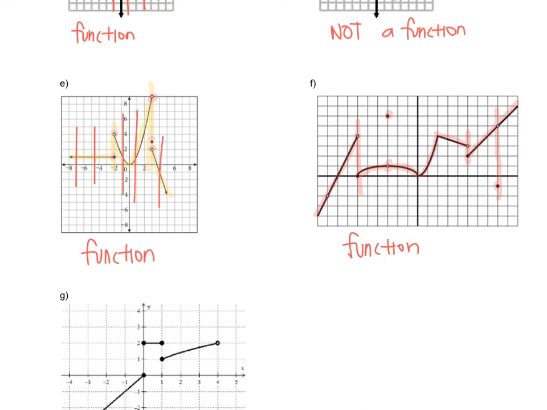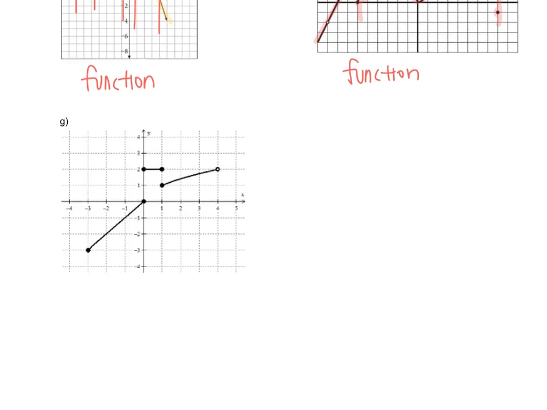And finally, the last one that has multiple segments, I follow my line, I have no problem here. But when I reach this point here, they're both closed circles. Even here, they're both closed circles. That means when x equals 0 or x equals 1, there are two y values.